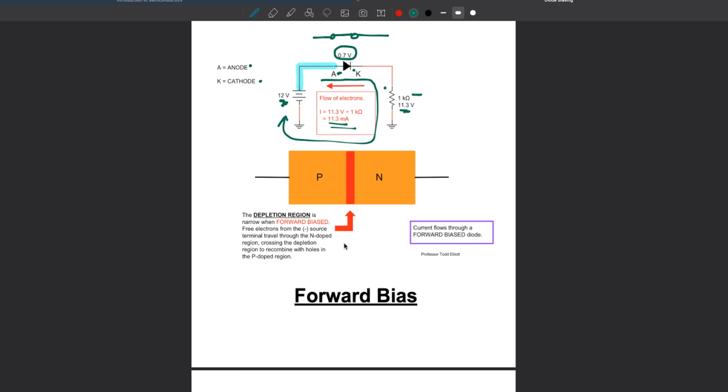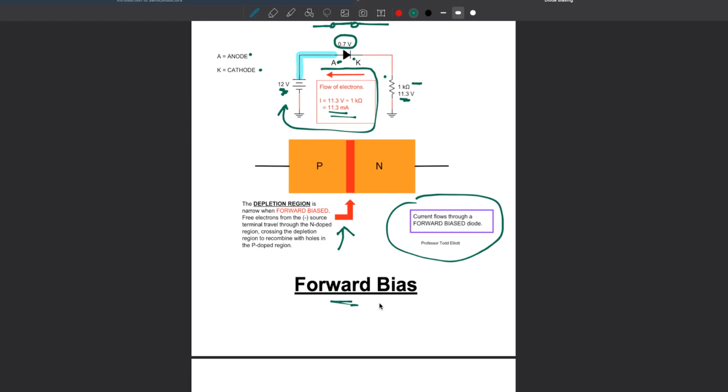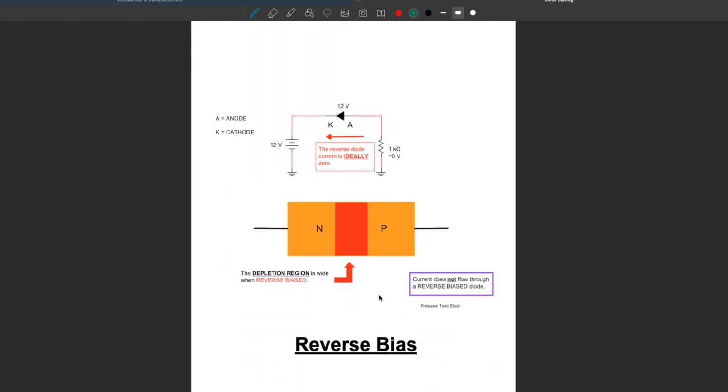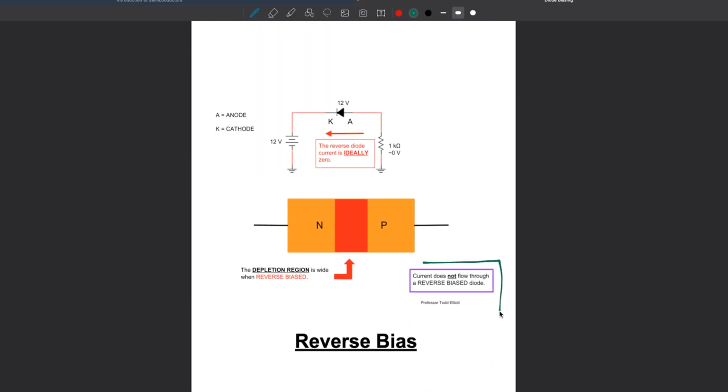This is just a little reminder note about the depletion region. We talked about that last time. So this is current in a forward biased diode. This is current in a reverse biased diode. When the diode is reverse biased, as a memory aid, you may think of it as an open switch.